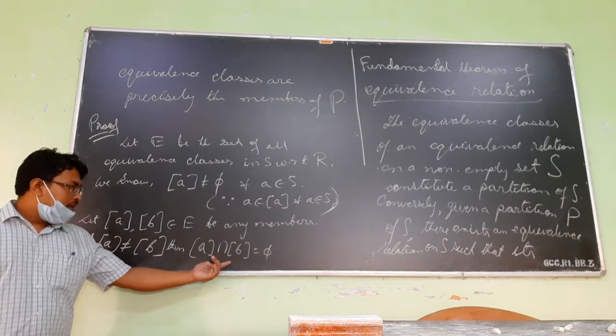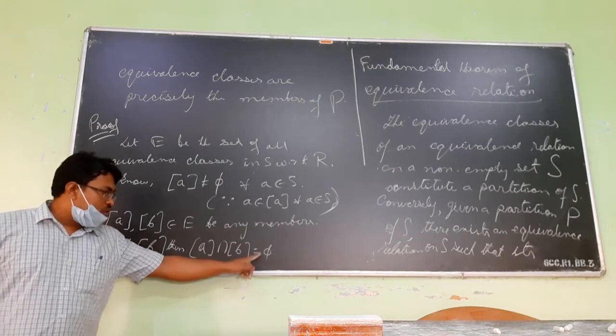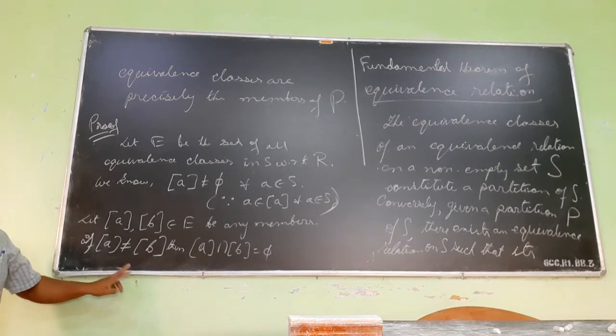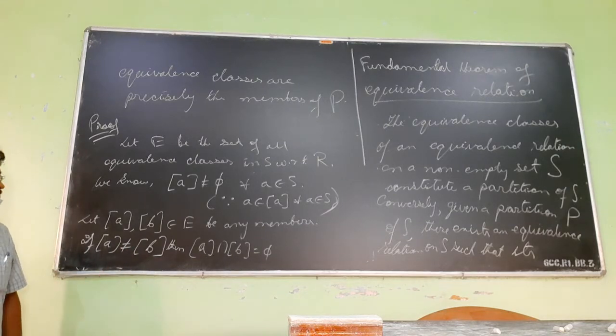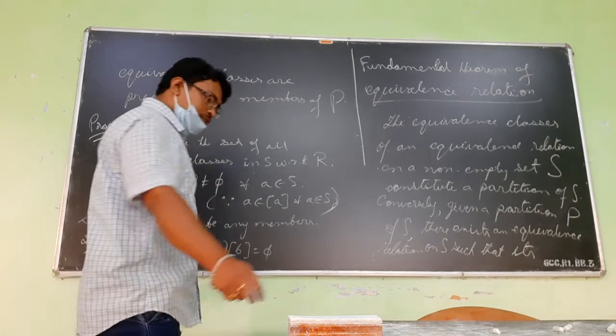Equivalently, if their intersection is not phi, then they have to be equal.